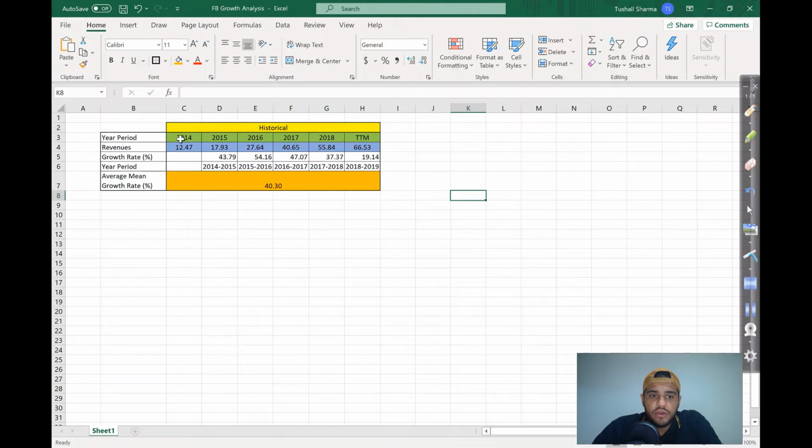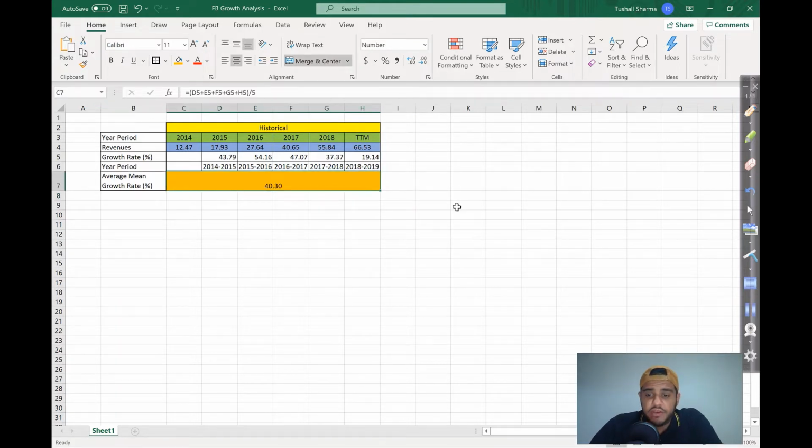So I took the revenues from 2014, 15, 16, 17, 18, all the way to where we are right now, and then I put it into an Excel sheet right here, and I calculated the growth rate by employing a formula. This minus this over that gives you the growth rate, and you do this for all of them, and those are the year periods. Now the mean, which is these numbers divided by the number of numbers, which is this plus this plus this plus this divided by 5, gives you 40.